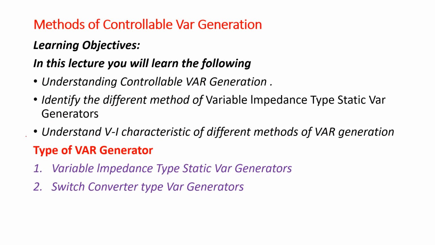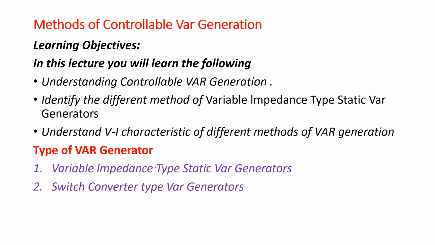There are two methods to generate VAR. VAR means volt-ampere reactive, that is, reactive power. The types of generators are the variable impedance type static VAR generator, where we are able to vary the impedance.